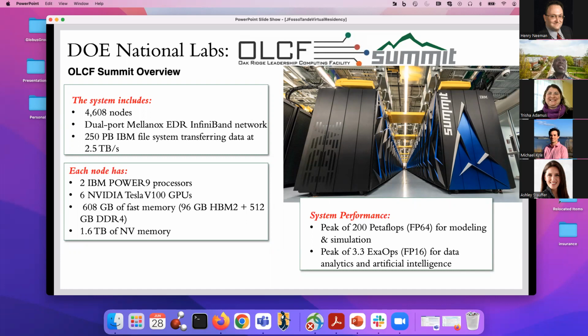Each node has 2 IBM Power9 processors and 6 NVIDIA Tesla V100 GPUs, with a system performance that peaks at 200 petaflops for 64 bits for modeling and simulation, and peak performance on 16 bits at 3.3 exaFLOPS for data analytics and artificial intelligence.